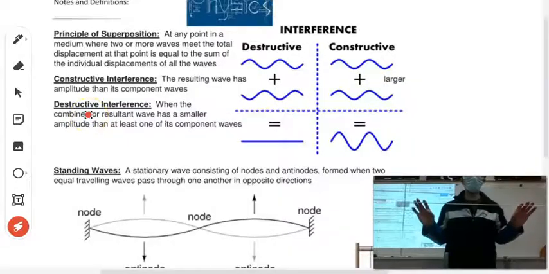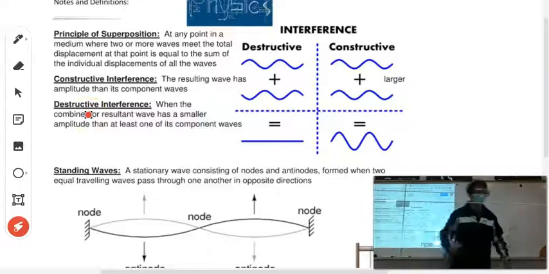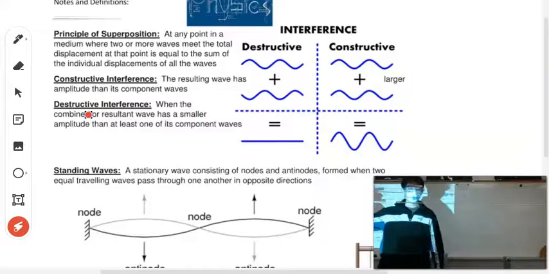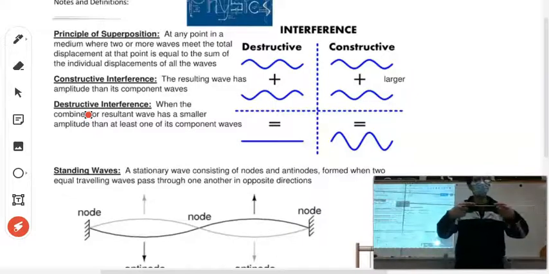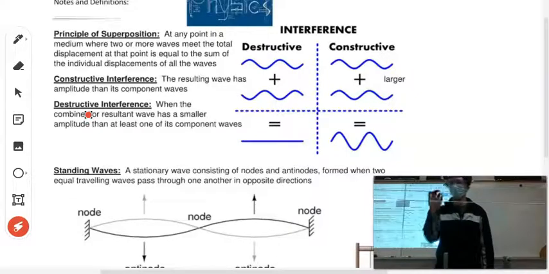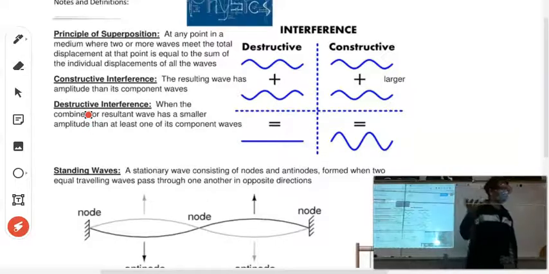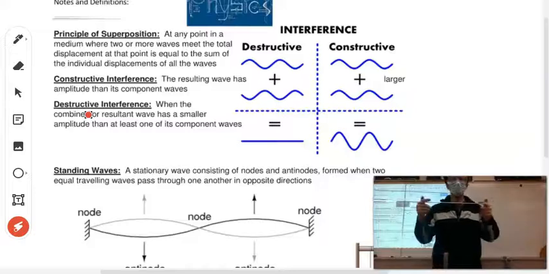Okay, so the next kind of interference I want to talk about is a special kind of interference. It's called a standing wave. Now, when you get one wave coming in one direction, another wave, an identical wave, same frequency, amplitude, wavelength, everything, they will interfere in a very, very special way.